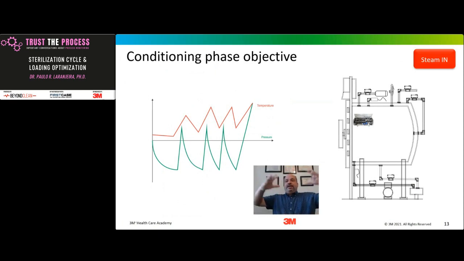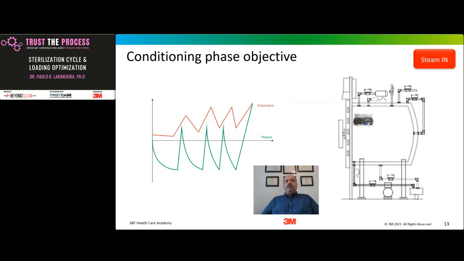So it's going to expand, and then the vacuum that I used to remove air, I will need to pull more, because I'm evaporating the water and have more gas to be removed. That's why you see that the length of the second vacuum is longer, because in this example, I have a lot of condensate.